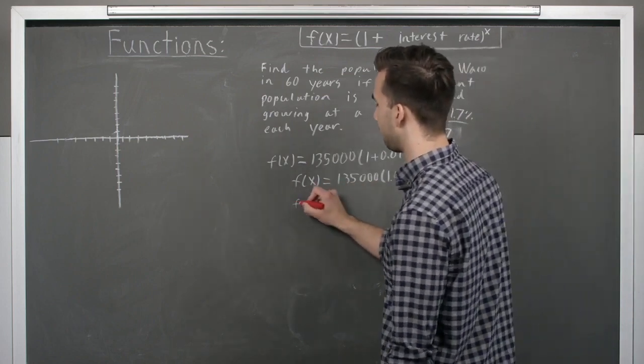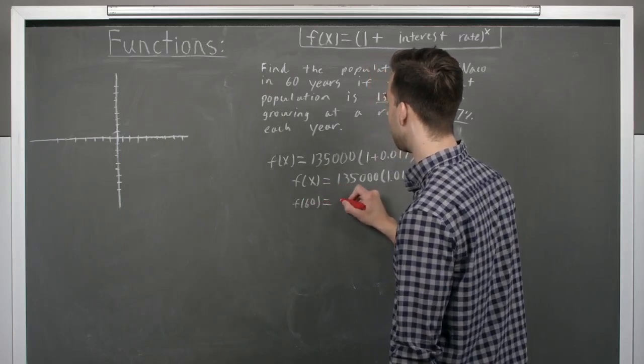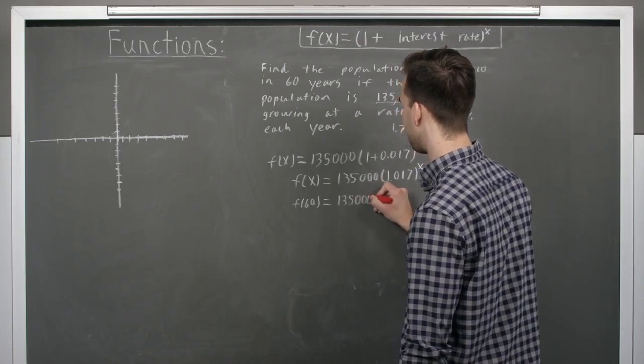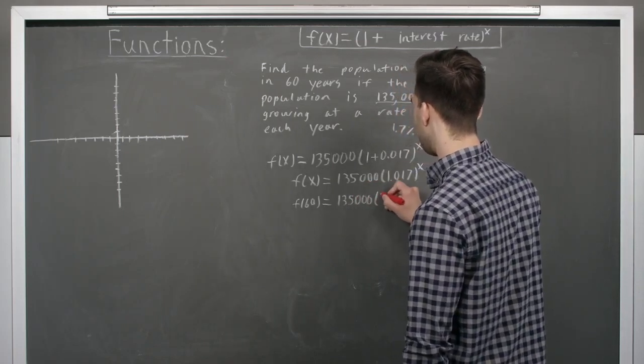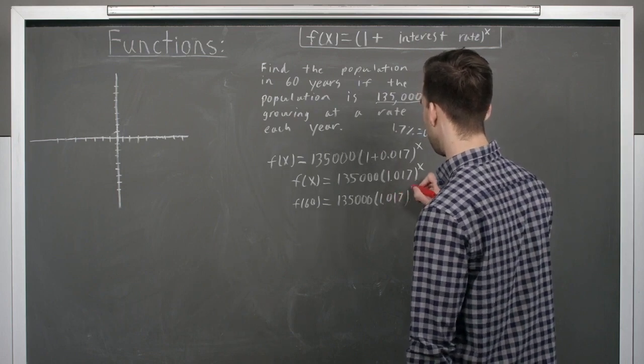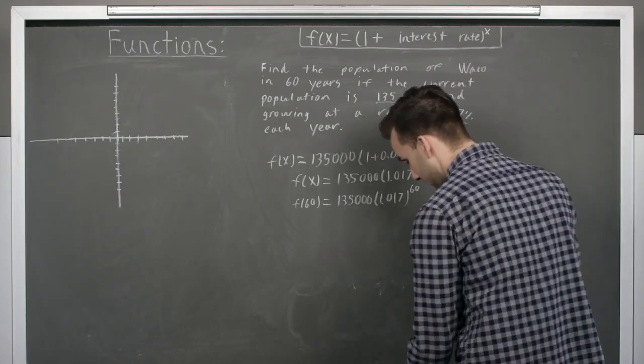So f of 60 is equal to 135,000 times 1.017 to the power of 60. So we can go ahead and calculate this.